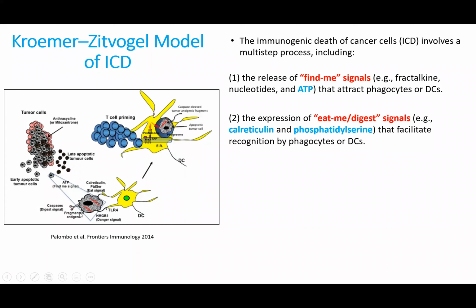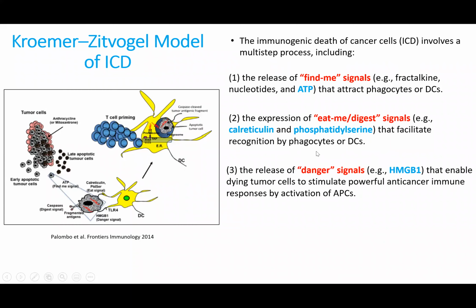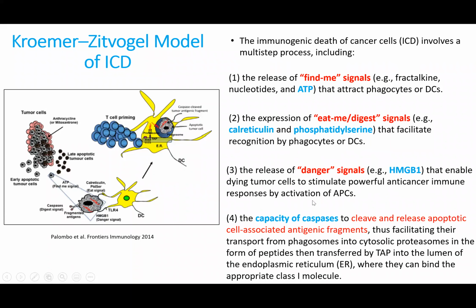This will facilitate the recognition of cancer cells by phagocytes or dendritic cells. Also, release of danger signals, mainly high mobility group box 1 protein, HMGB1. This will enable the cancer cells to stimulate a powerful anti-cancer immune response by activation of antigen-presenting cells.